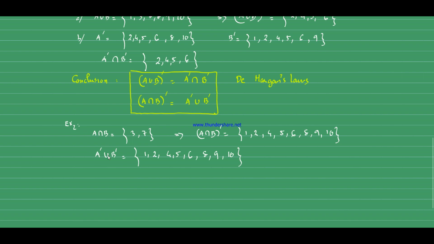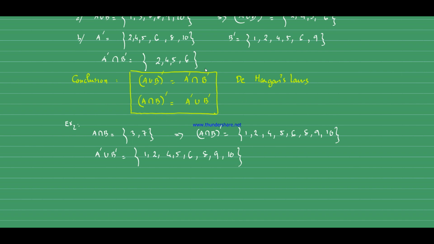So example 2 over here is just to verify that the statement right over here, the second De Morgan's law, is true. That is true. We got it. Look at that. The complement of the intersection set and the union between the two complement sets are the same right here.